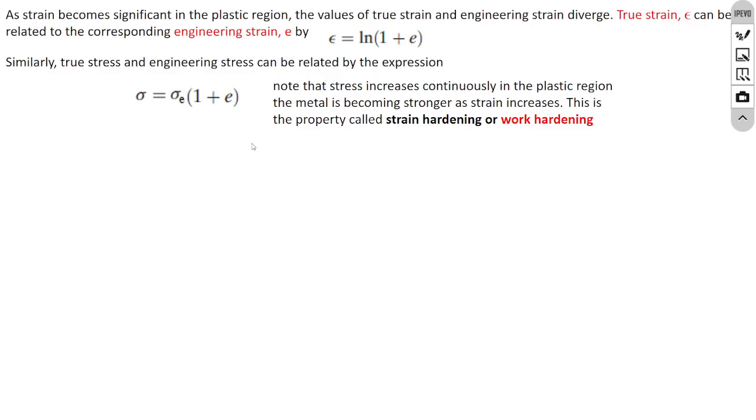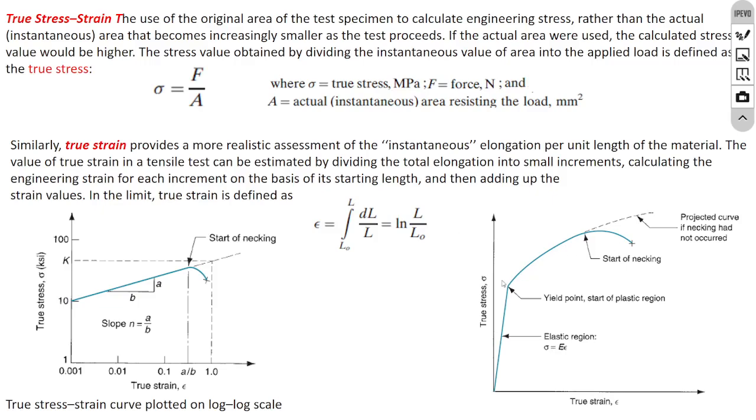Okay. Well, in the plastic region, to be able to deform the body, to continue the deformation, we need to increase the applied force. Well, increase the stress. From the diagram, we know that it is true. You see, to continue to deform the body, we need to apply greater forces.